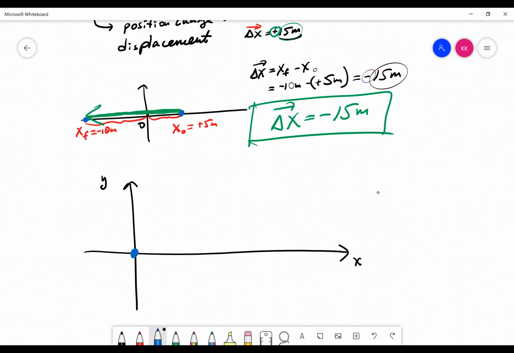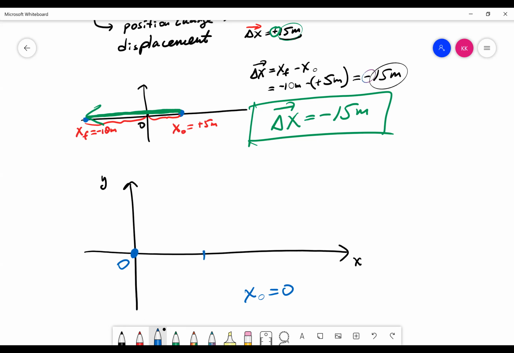The position of the object here is 0, because it's at the origin. So the object is at its initial position, which is the origin, 0. But this time, let's say the object goes from this position to that position over here.